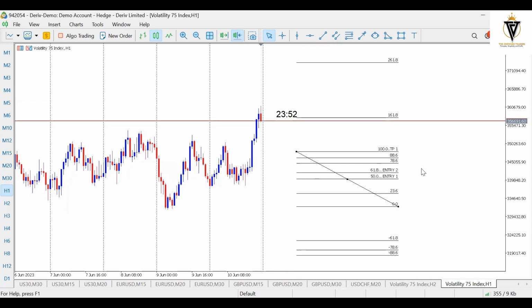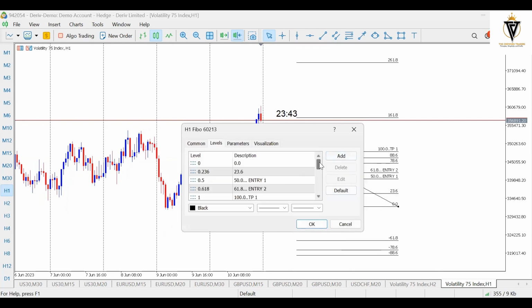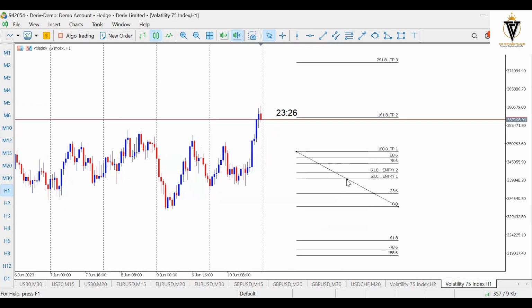All right, so your 161.8 can be your TP2. So you can add it as TP2. Then your 261 can be your TP3. TP3.